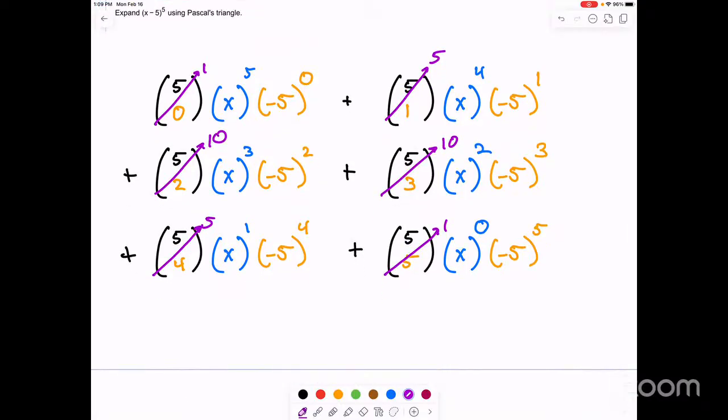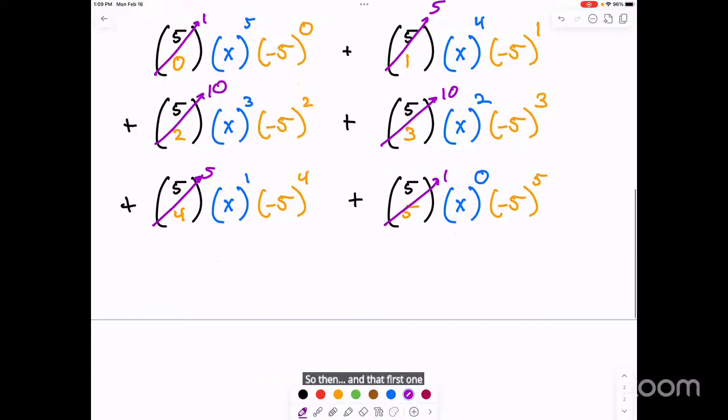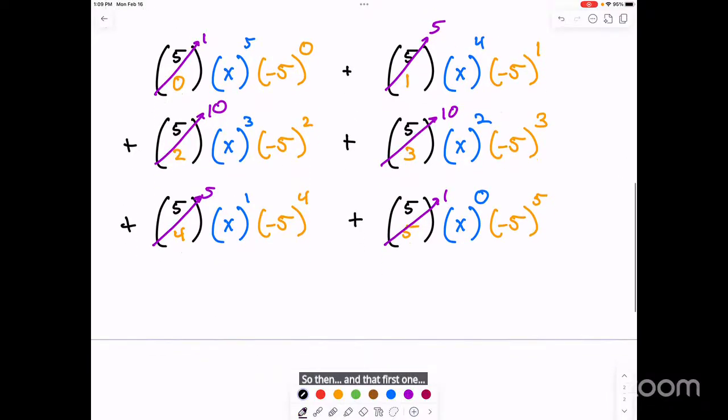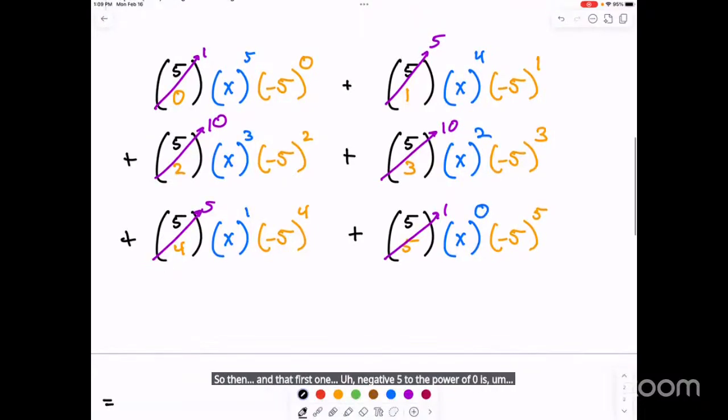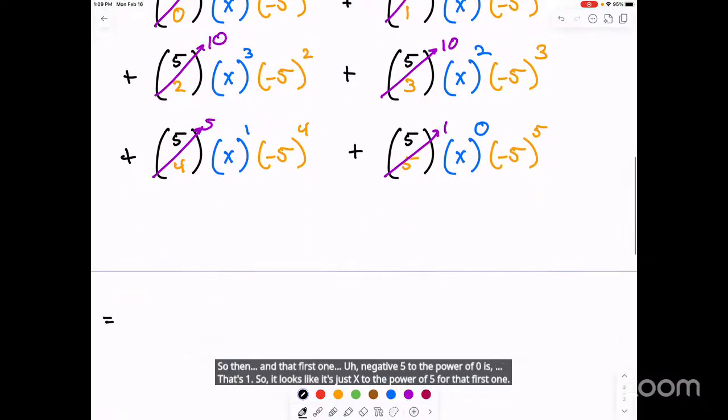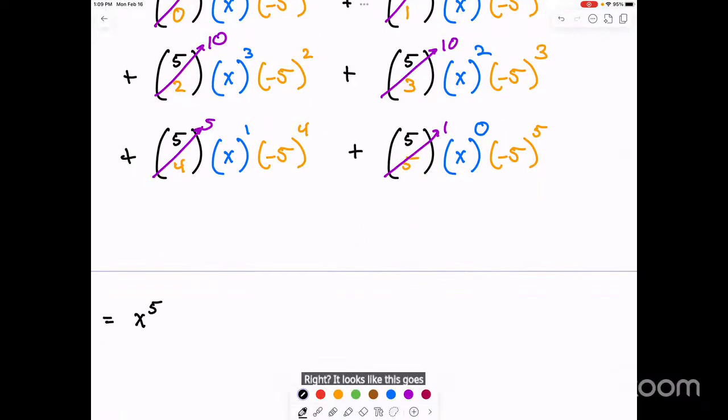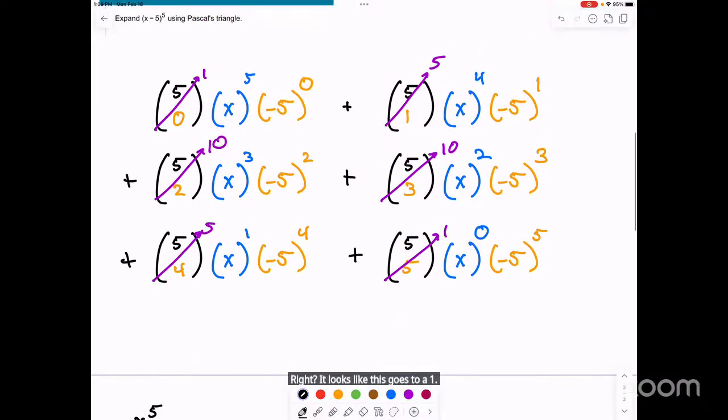So then in that first one, -5 to the power of 0, that's a 1. So it looks like it's just x to the power of 5 for that first one, right? This goes to a 1. This goes to a 1, okay?